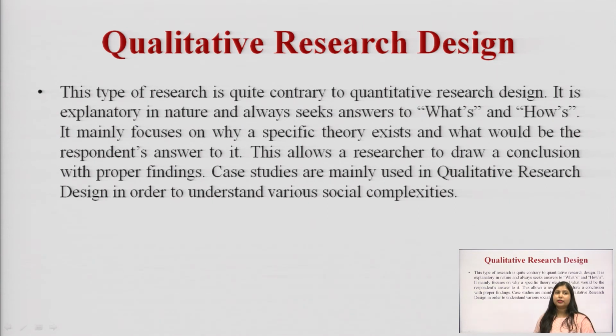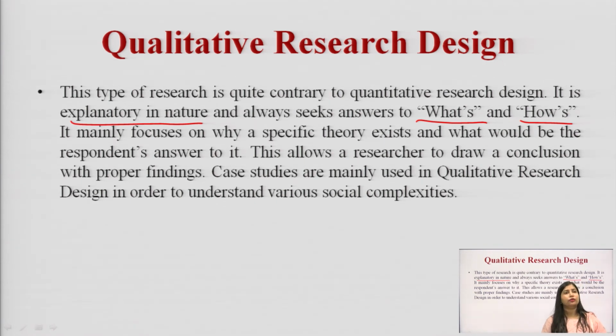This type of research is quite contrary to your quantitative research design, and it is basically explanatory in nature, meaning it helps you to explain and always seeks answers related to what happened, how it happened, or why it is happening.